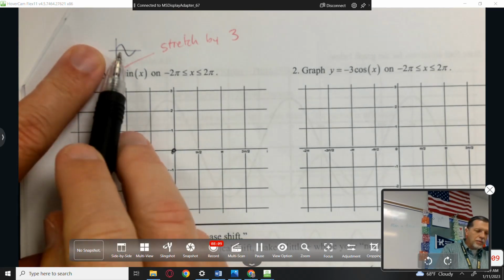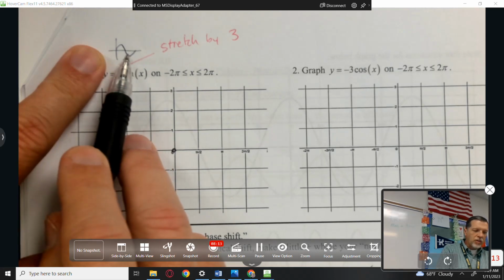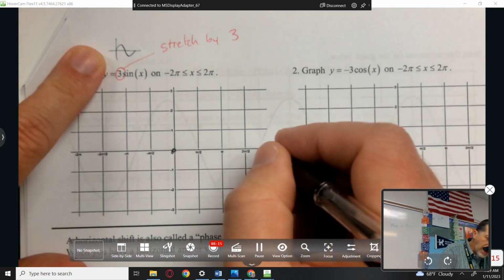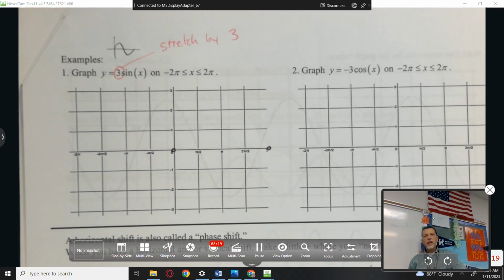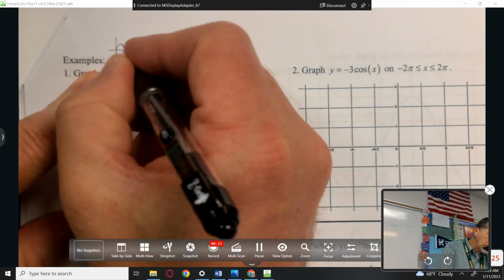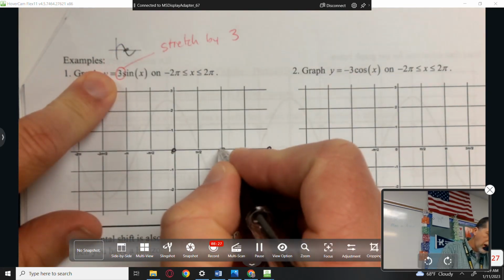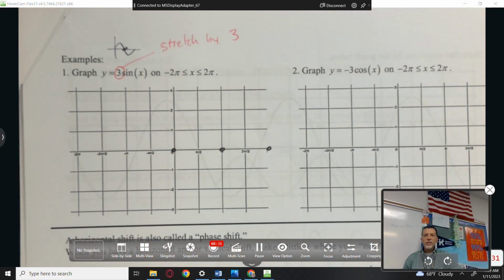Now I'm going to mirror, or follow the path of my parent function here. I'm going to go to 2 pi and put my ending point on, because that didn't get stretched either. Halfway in between there, I'm still on the midline. That wouldn't get stretched at pi. It's the maximums and minimums that get stretched.